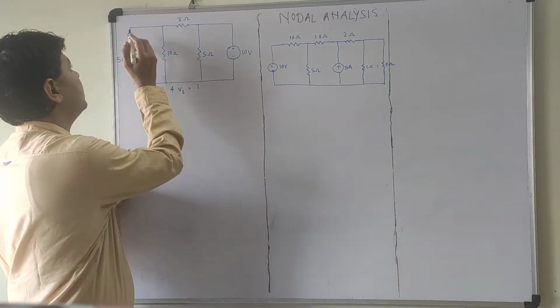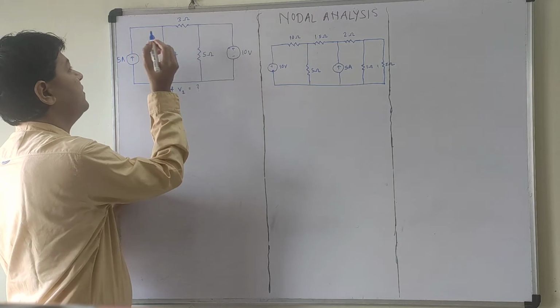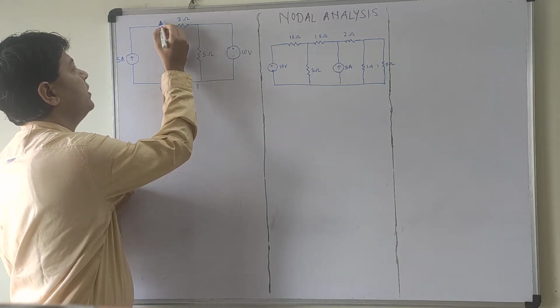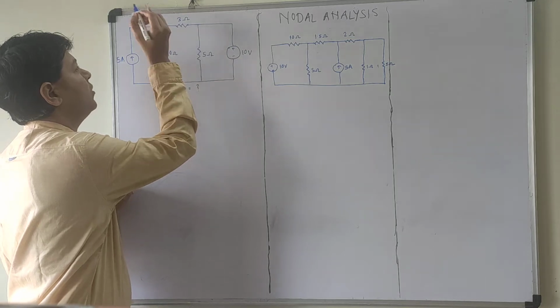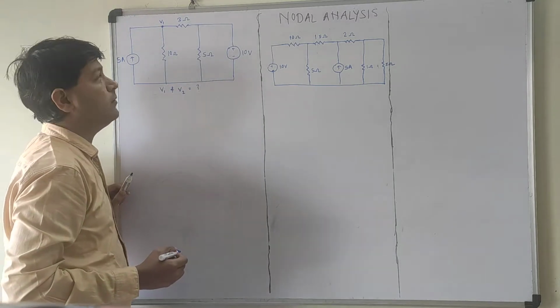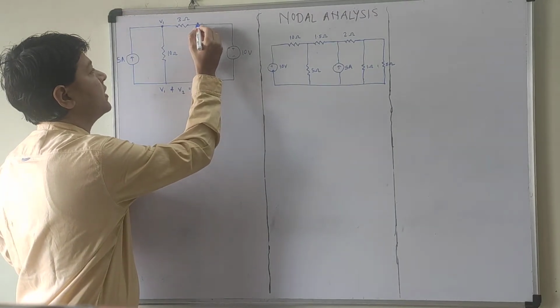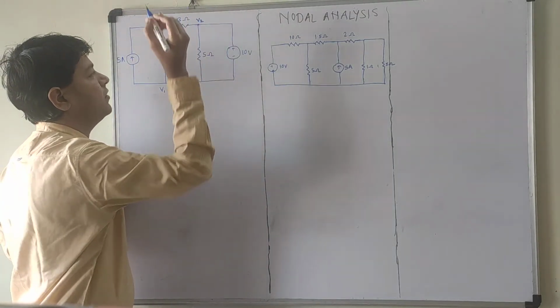Here in this case you can see that this is a single line, but here one line, two lines, three lines are coming together. So this becomes a node. I name this node V1. In the same way, the second node I name V2.